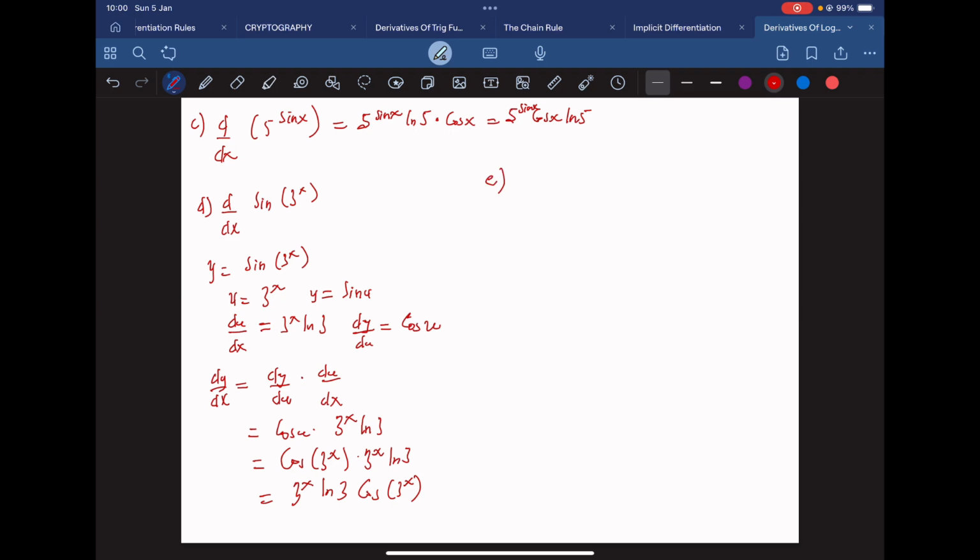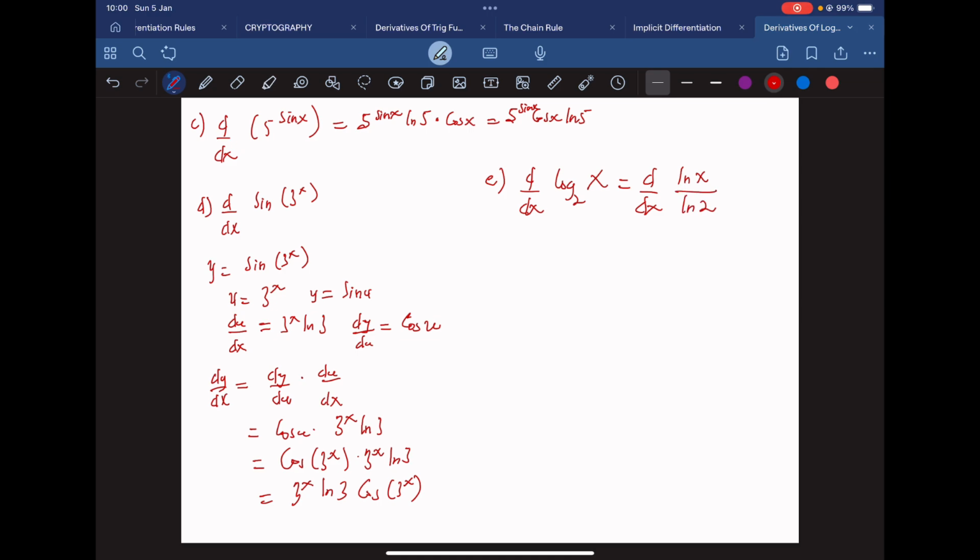Now let's look at the fifth one. If you are being asked to differentiate log base 2 of x, now remember, as I said before, this is the same thing as saying differentiate ln of x over ln of 2.